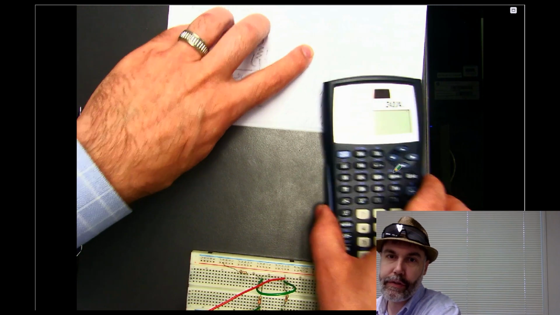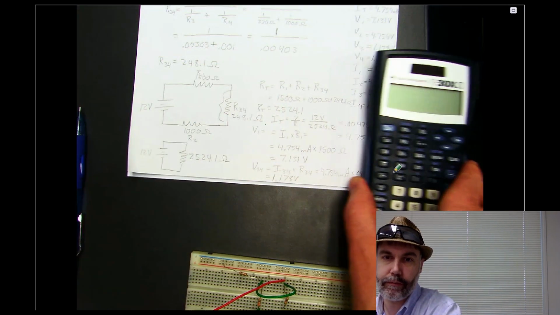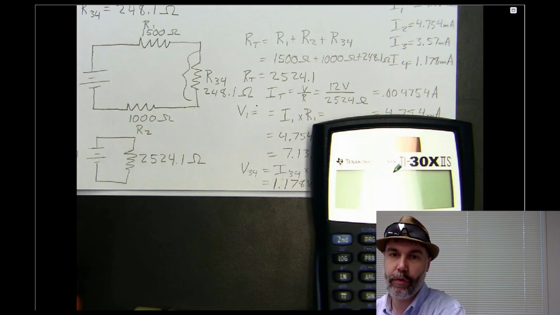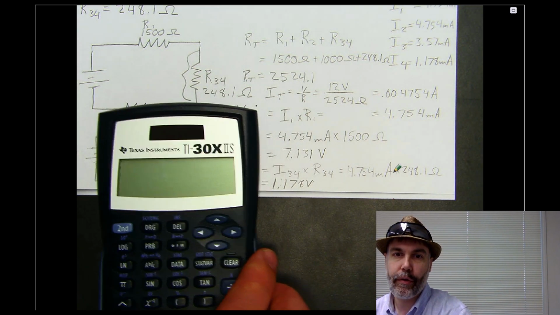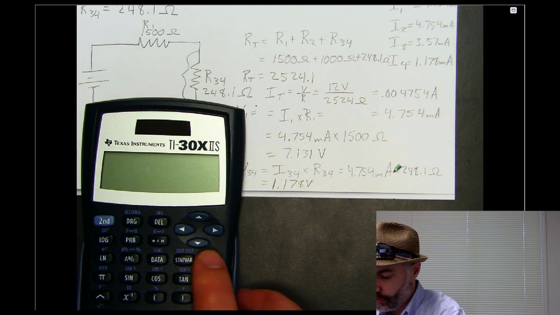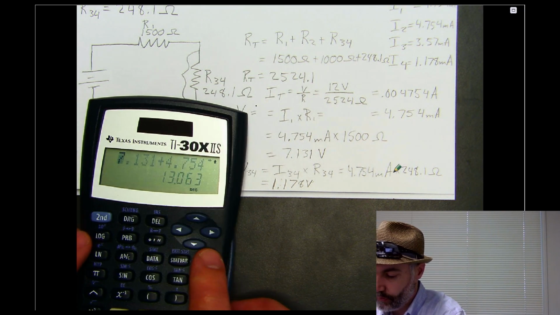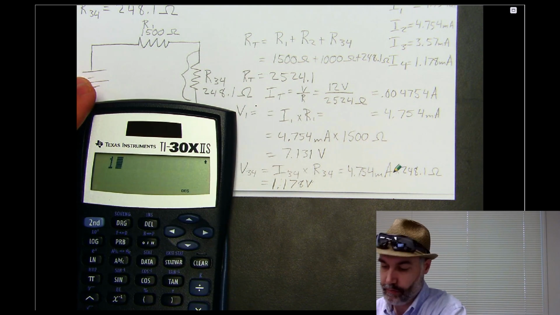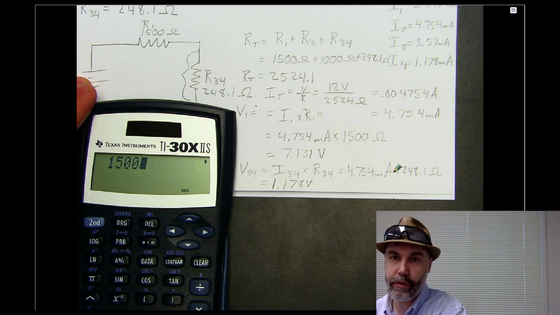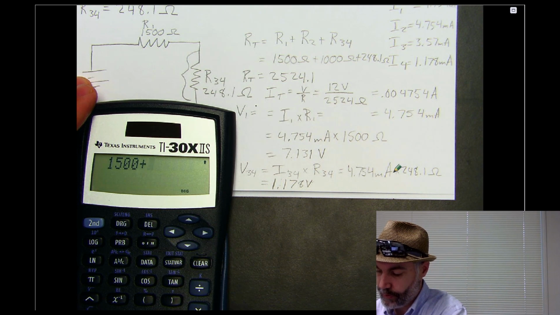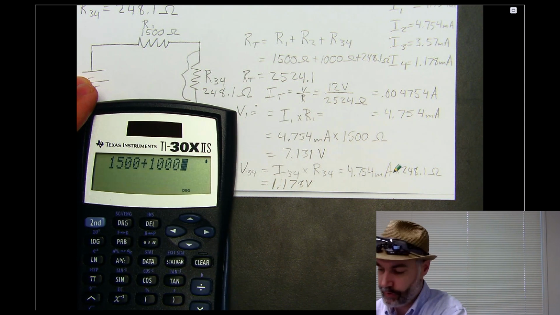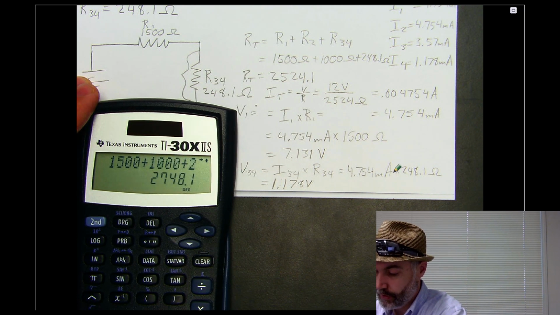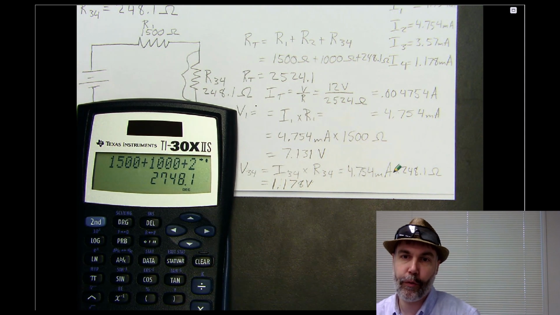So in this calculation right there, I have 1,500 ohms plus 1,000 ohms plus 248.1 gives me 2,748.